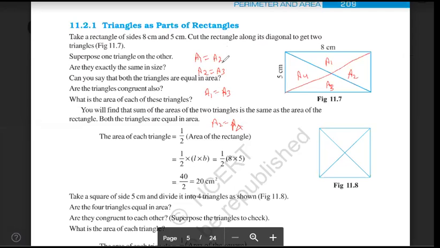It's not linear pair, Tuvishka. A1 equal to A2, wrong. A2 equal to A3, wrong. A1 is equal to A3, yes, and this opposite one will be equal. Got it?